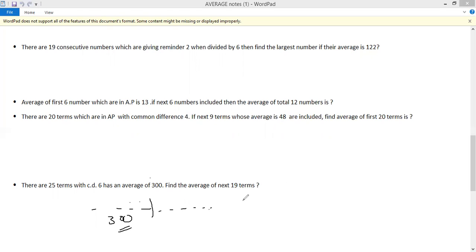Let us consider it as A. Previous m numbers are there. Next we have to calculate n numbers, so A plus (m plus n) by 2 into common difference d. Suppose these questions are nowadays repeated in CCL, so I have given one formula: A, the previous old average, plus (m plus n) by 2 into d. This is the formula.